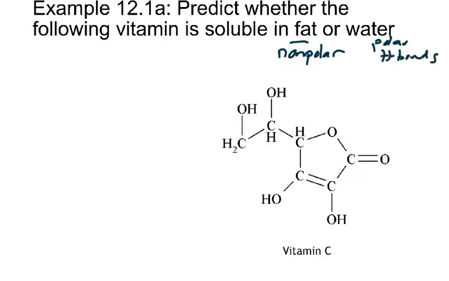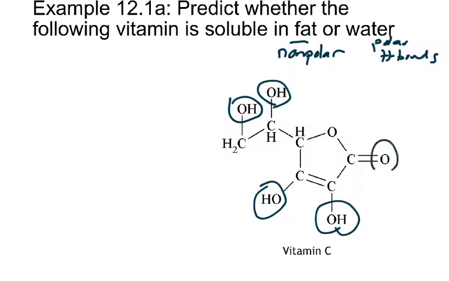If we look at our vitamin C here, we can see that there are a lot of OH groups that can hydrogen bond, plus a couple other oxygens that will make it polar and can be hydrogen bond acceptors. And so vitamin C is going to be more soluble in water.